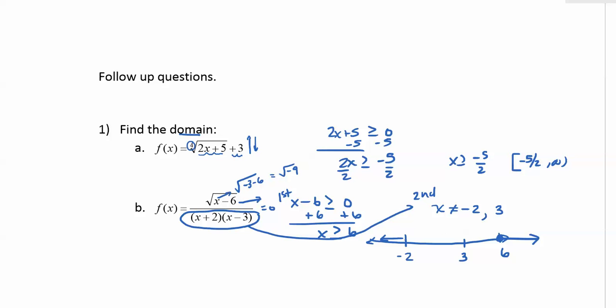So even though plugging in negative 3 works for the bottom, it fails on the top. So I have to go with x must be greater or equal to 6. So my domain here is x is greater or equal to 6, or 6 to infinity.